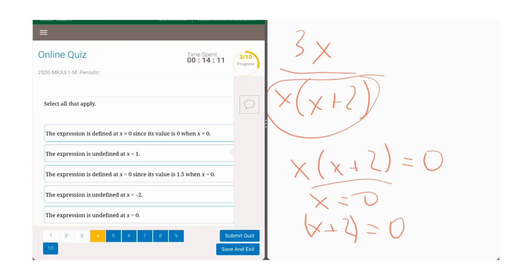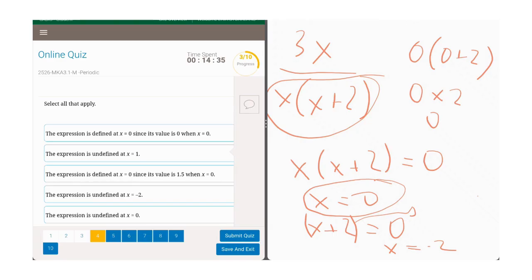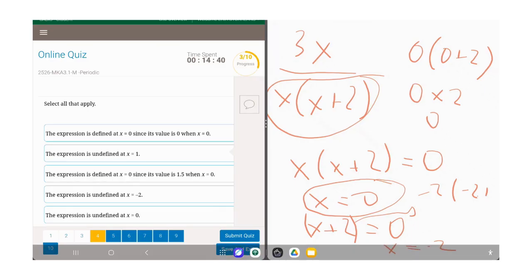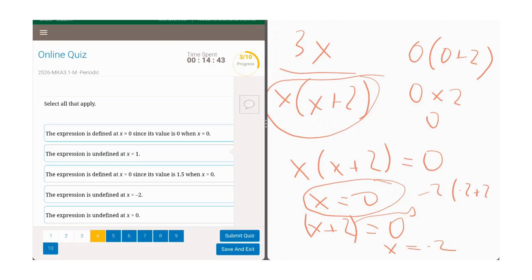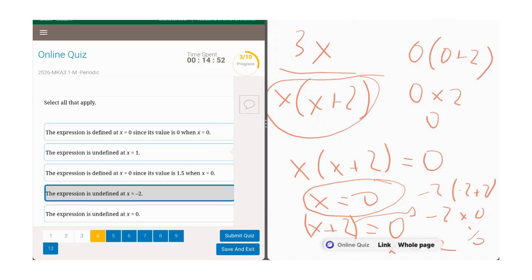So we already have one of the values, x is equal to 0 to make it undefined. Or we move 2 to the other side, it will become x equals negative 2 to make it undefined. Now we substitute the values, so 0 times 0 plus 2, so 0 multiplied by 2 equals 0. Or if we put negative 2, we have negative 2 multiplied by negative 2 plus 2. So negative 2 times 0, you get 0 as well, which means that it's undefined at values of negative 2 and 0.